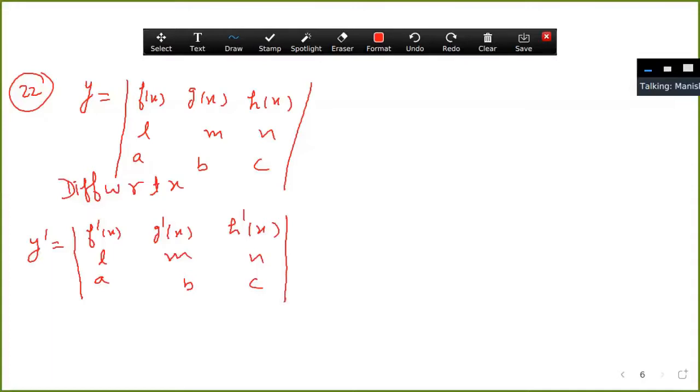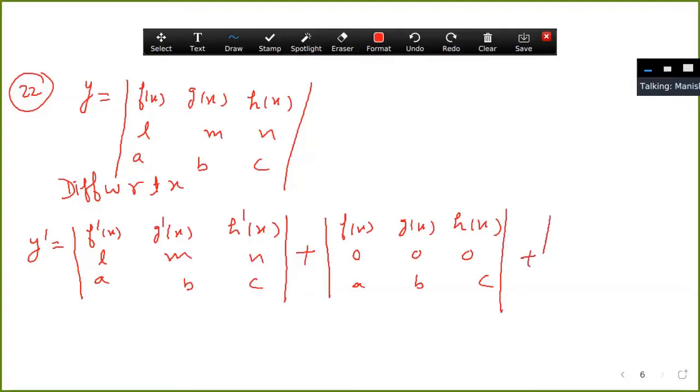Algebra says plus sign. Now first and third will be as they are, and you have to differentiate the second. L, m, n are all constants, so the derivative will be 0. Now first and second rows will be as they are, and you have to differentiate the third row.